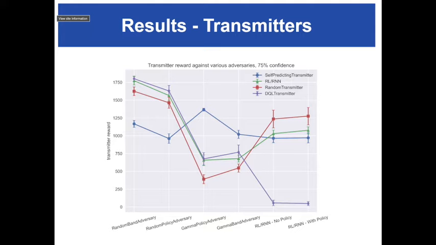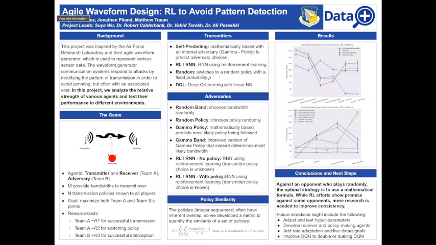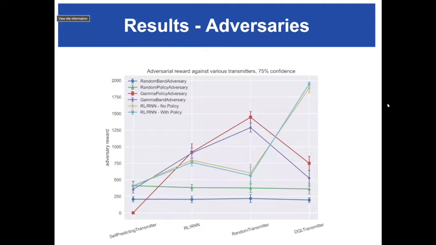And then if you go on to the next slide, the next graph. This is the same data, just more focused on the adversary. So now on the x-axis are the different transmitters. You can see some of the similar trends. For example, against the self-predicting transmitter, a lot of them do really similarly.